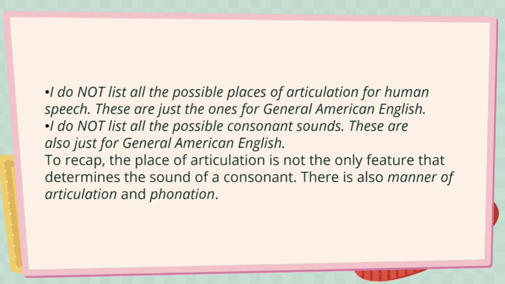These are also just for general American English. To recap, the place of articulation is not the only feature that determines the sound of a consonant. There is also manner of articulation and phonation.